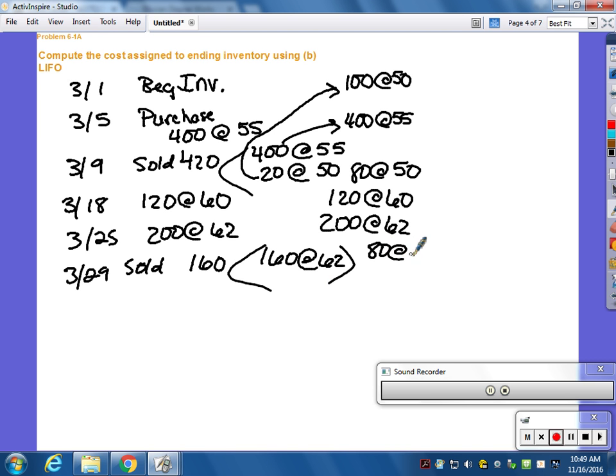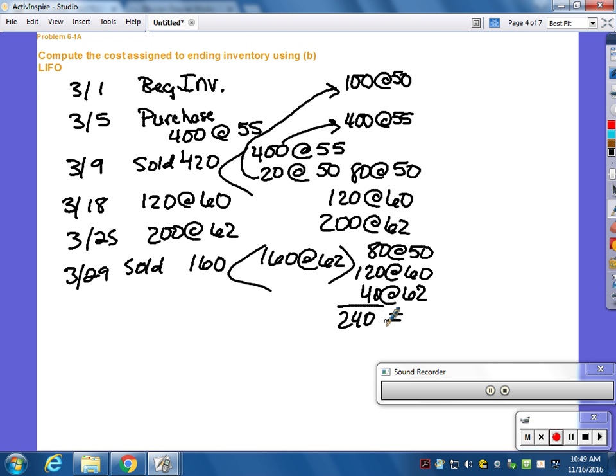80 at 50. How much? 120 at 60 and 40 at 62, which means that we have a total of how many ending inventory units? 240.